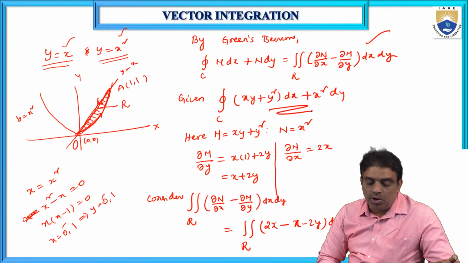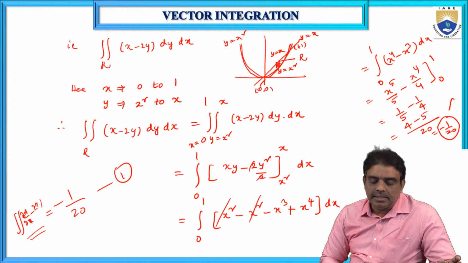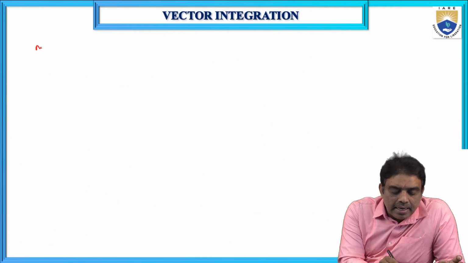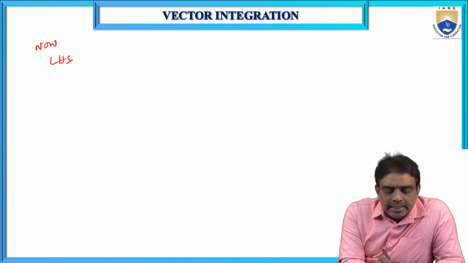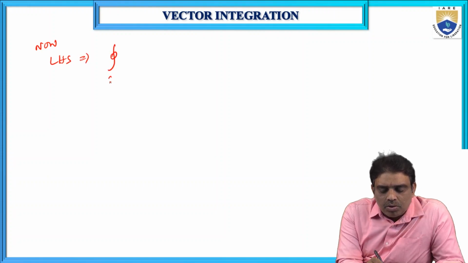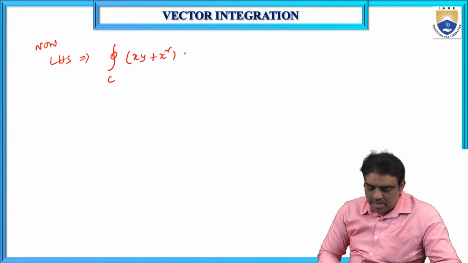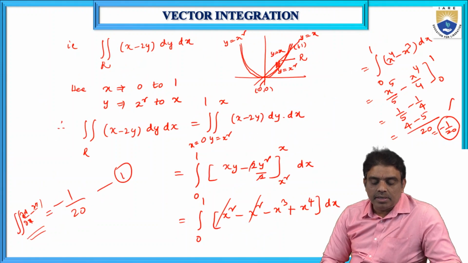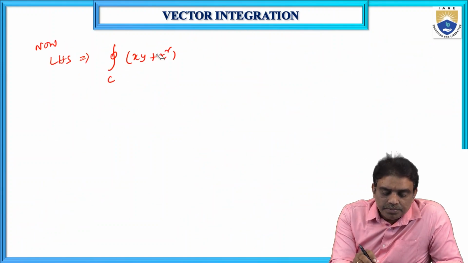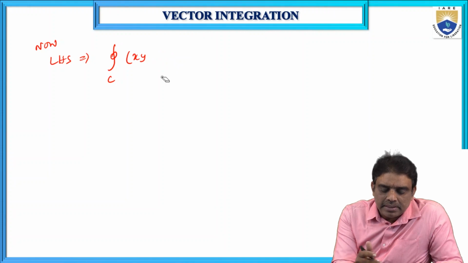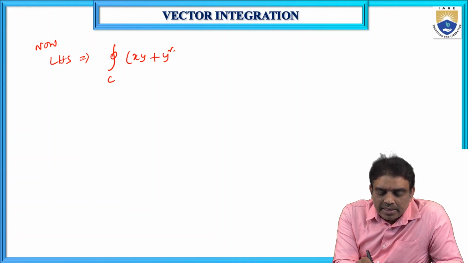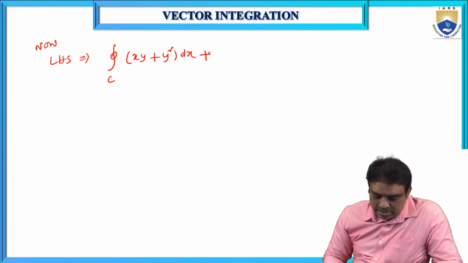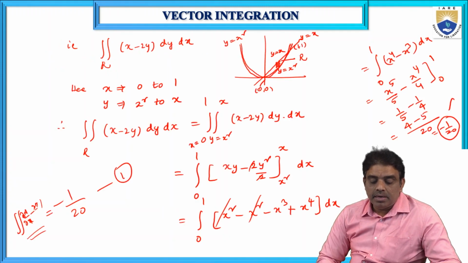Now consider the LHS. Integral over the closed curve C of (xy plus y square) dx plus x square dy.